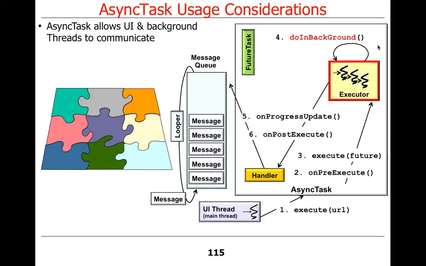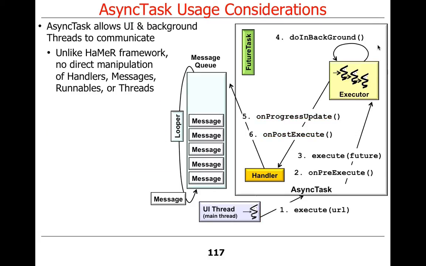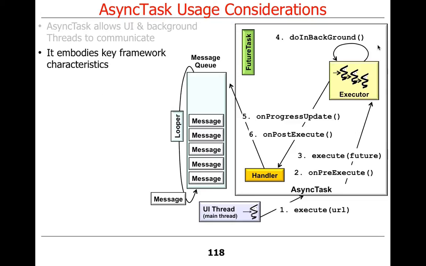So onPreExecute gets called. Execute gets called in the executor. That goes ahead and runs. And then as it finishes, it calls these other hooks that run in the user interface thread context. And all that stuff is shielded from you. So the good part is that you don't manipulate anything except these simple interfaces.